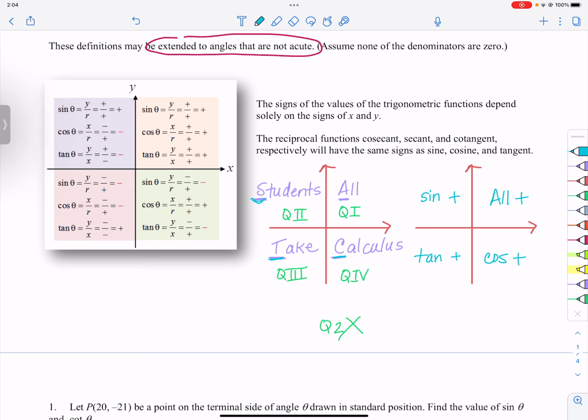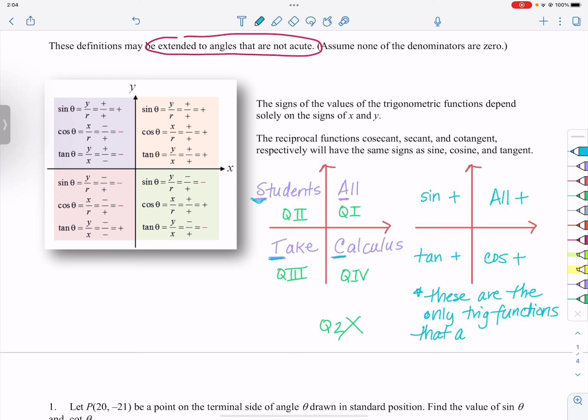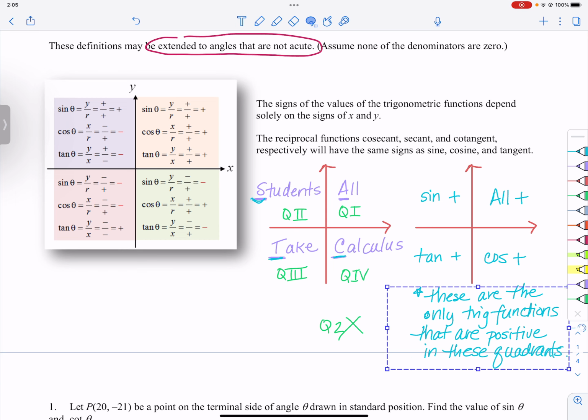And that's the only trig functions that are positive in these quadrants.